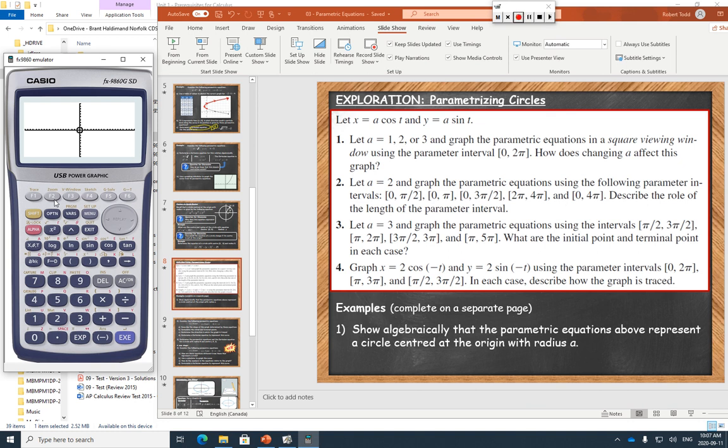Hit zoom, and I'm going to zoom out. Oh no, I wanted to zoom in. Silly me. Zoom in. Have to hit enter after every zoom in. Zoom in, enter. Oh, here we go. Zoom in, enter. Now I know what's coming next, so I'm going to zoom back out a little bit and put it about there. Okay.